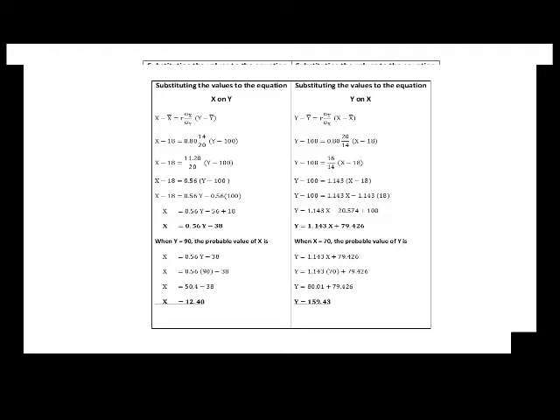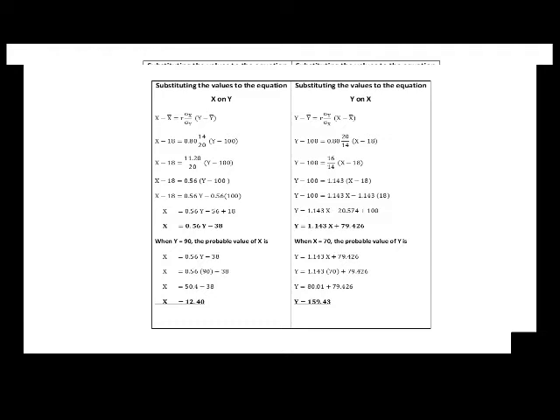That means x minus 18, since the arithmetic mean of the x series is 18, is equal to 0.80 into 14 divided by 20, where the standard deviation of x is 14 and of y is 20, times y minus 100. So x minus 18 is equal to 11.20 divided by 20, times y minus 100.